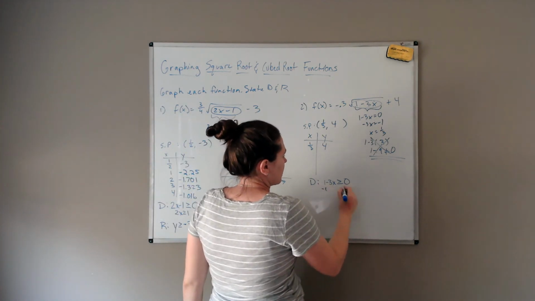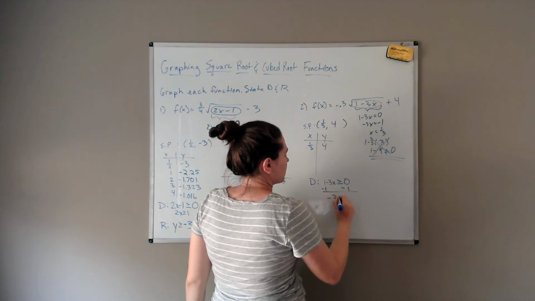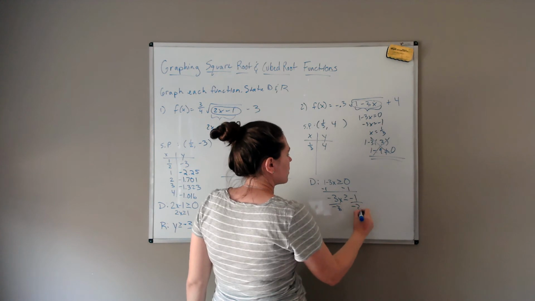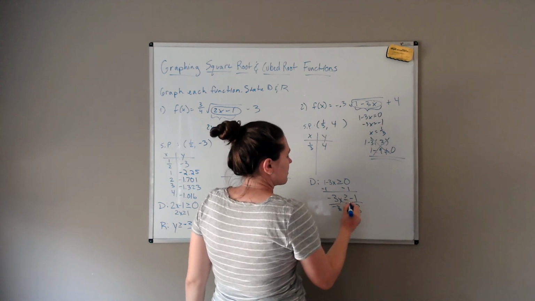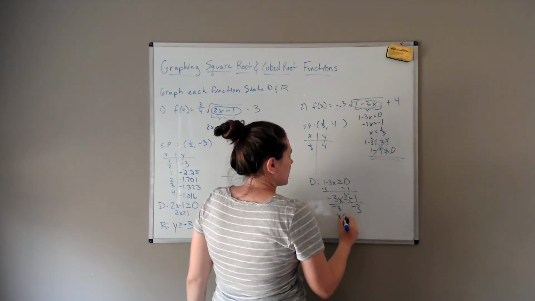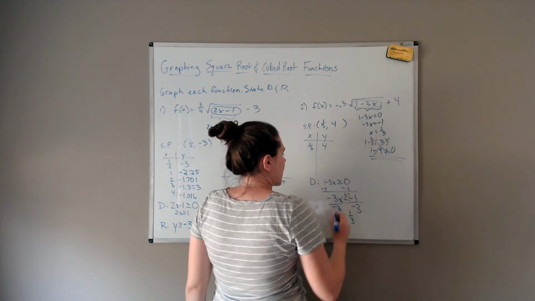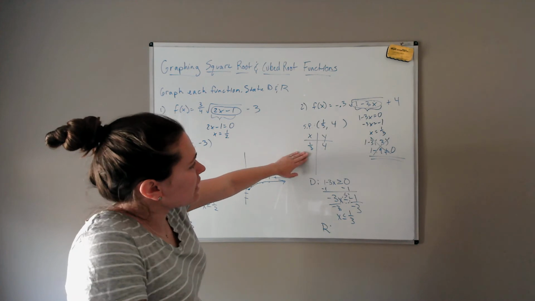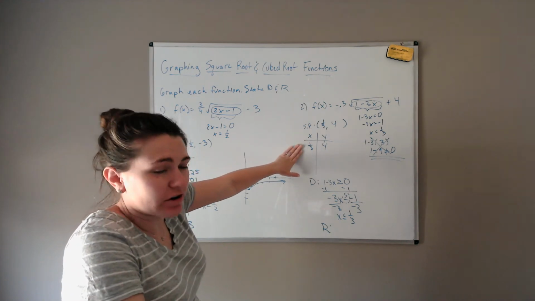Take away 1 on both sides. We get negative 3x is greater than or equal to negative 1. Divide by negative 3. Whoa, what's going to happen? We just divided by a negative, so the symbol's going to flip. So our domain is actually x is less than or equal to 1/3. So my inputs all have to be less than or equal to 1/3.